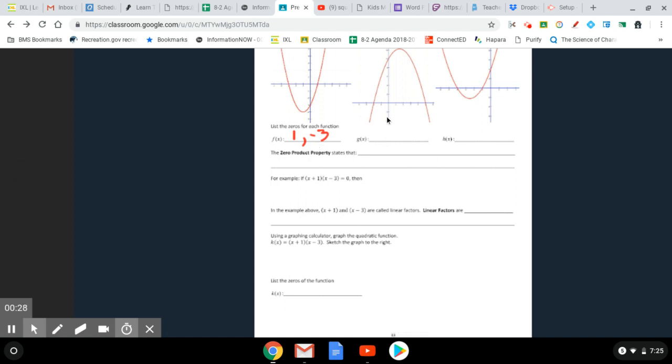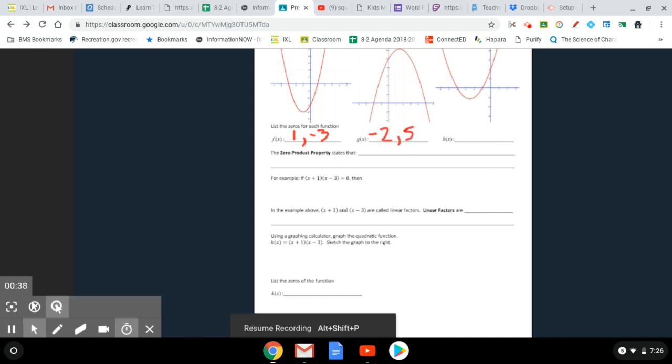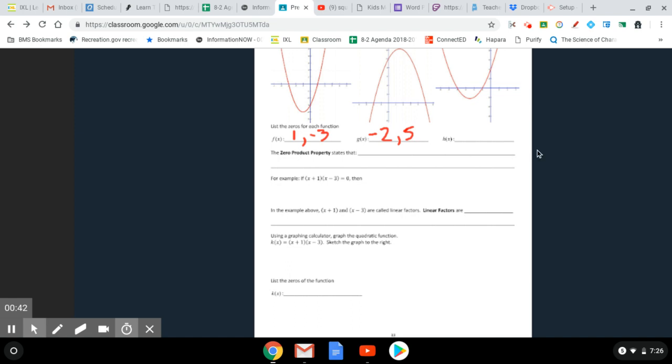Then looking at the second graph, you can see that it crosses the x-axis at -2 and positive 1, 2, 3, 4, 5. So that's what we write right here. And then looking at the third graph, which is called h of x, we have two x-intercepts as well, one at -1, and then one at -2, -3, one at -4.